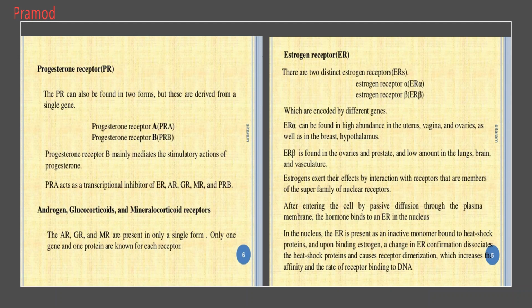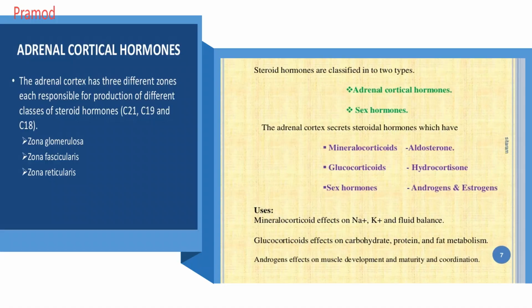Upon binding of the estrogen, a change in receptor conformation causes its dissociation from the heat shock protein, causing receptor dimerization with the hormone, which increases the affinity and rate of receptor binding to DNA. That leads to transcription. So this is how your estrogen receptors act.